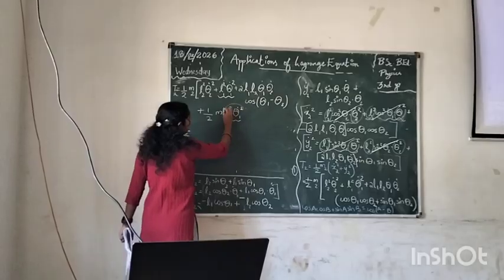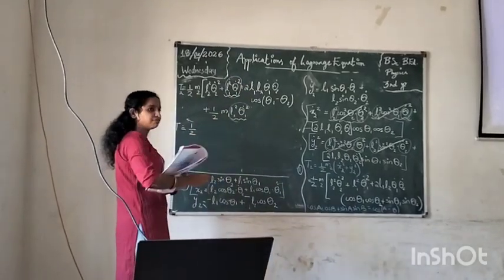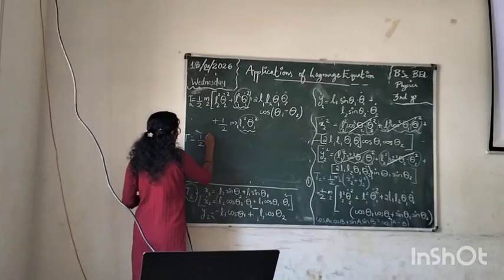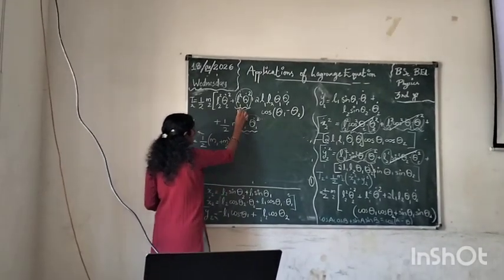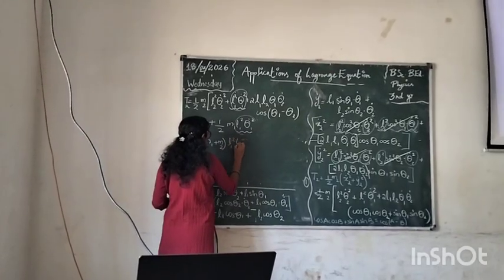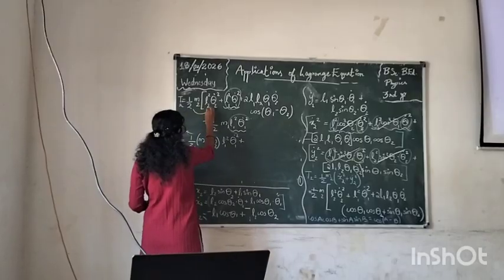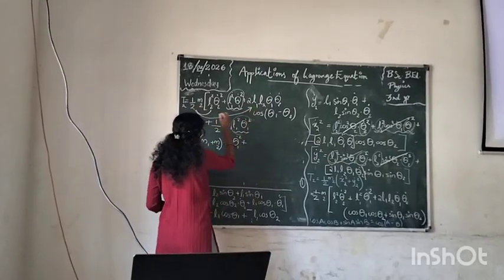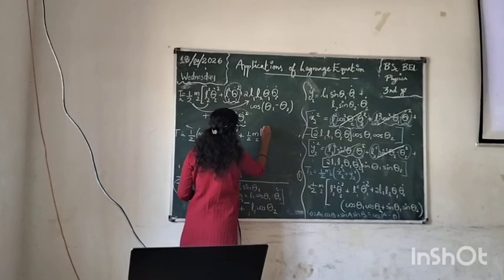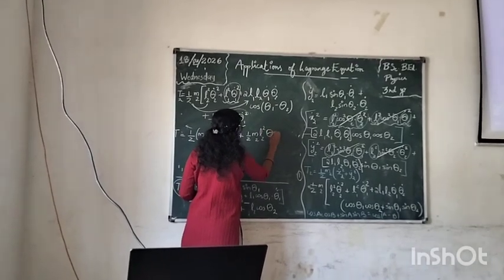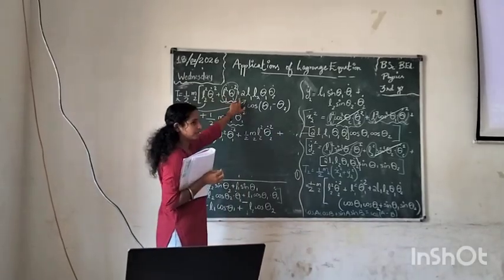If I am taking this and this one outside, the leftover will be half (m1 plus m2) L1 square theta 1 dot square plus half m2 L2 square theta 2 dot square plus this 2 and this 2 will get cancelled.